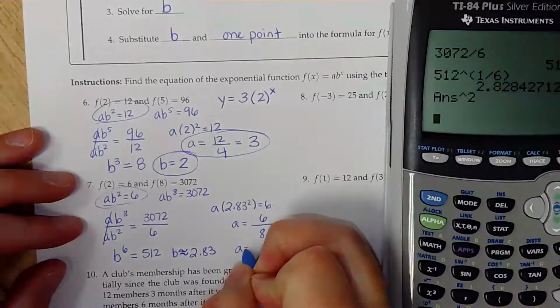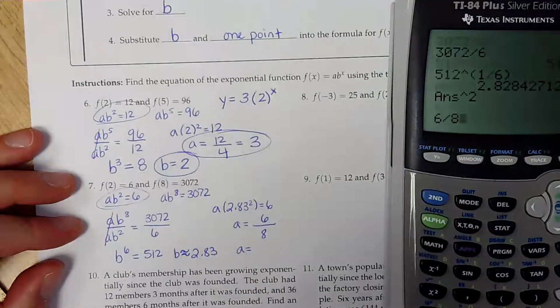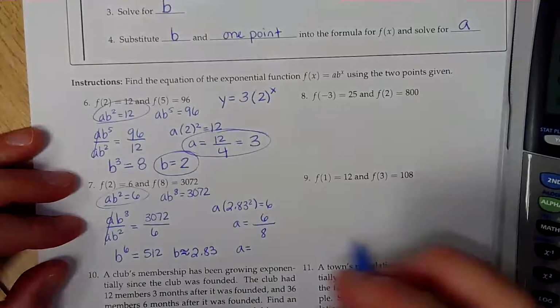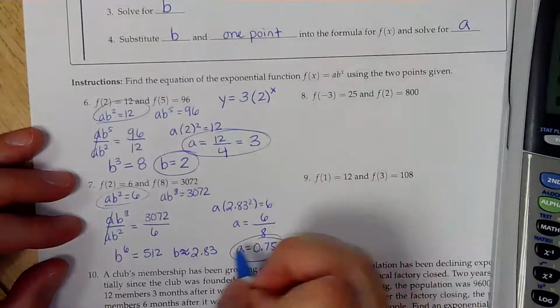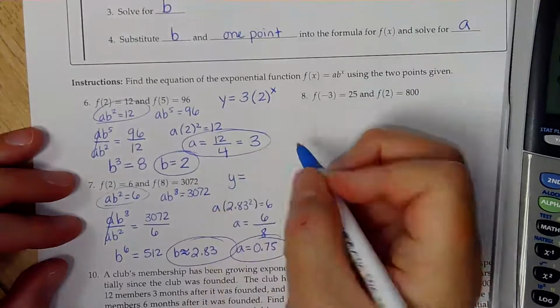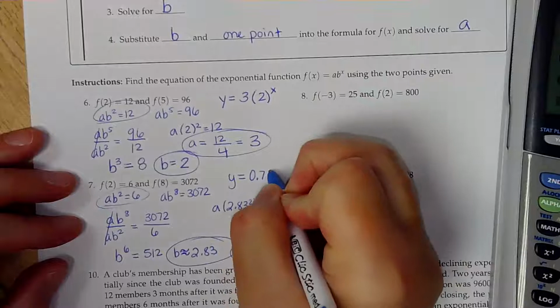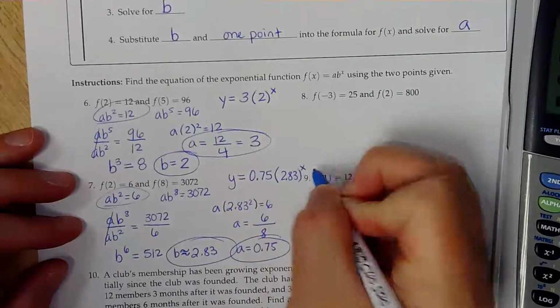So it gives me a is 6 over 8. Let's see what that is, 0.75. Right, so there's my a, here's my b. So my equation is y is equal to 0.75 times 2.83 to the x.